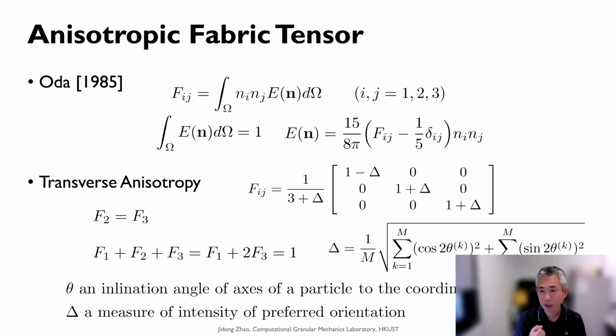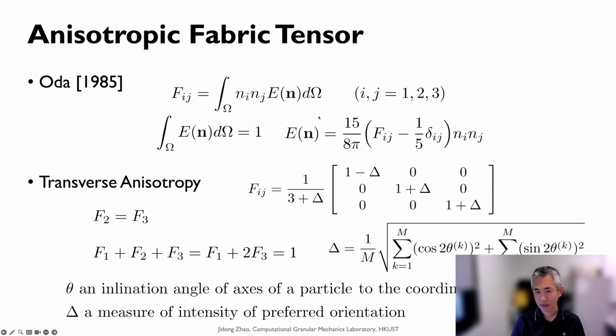And in that way, how can we really quantify it? Satake in 1985, or even earlier than that, used a fabric tensor defined in this way. Basically, we sum up all these contact normals in all directions to form a second order tensor, Fij here. E here represents a probability density function, and the integration sums up to 1.